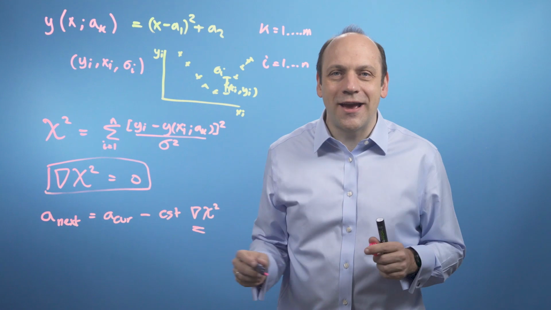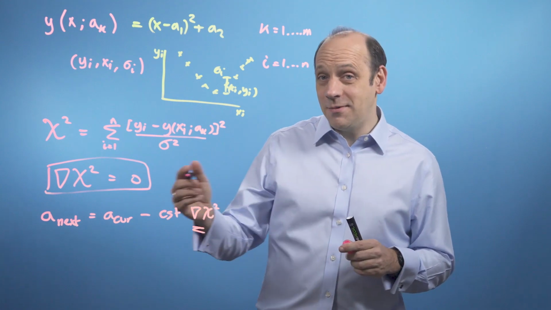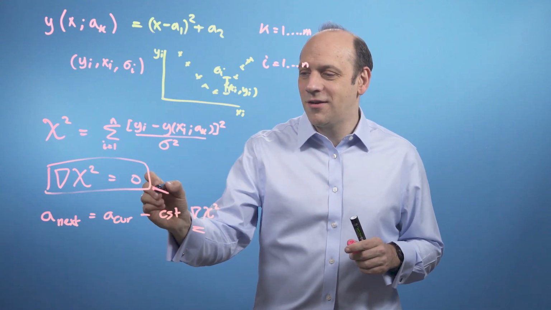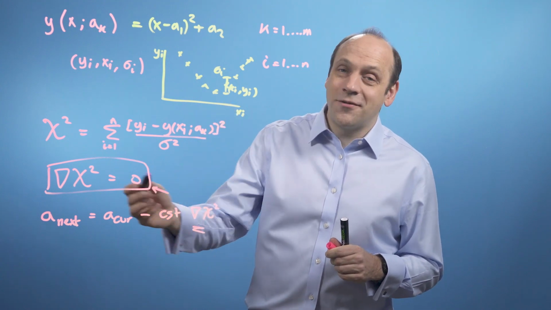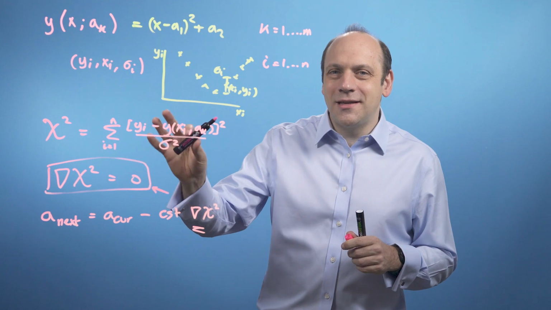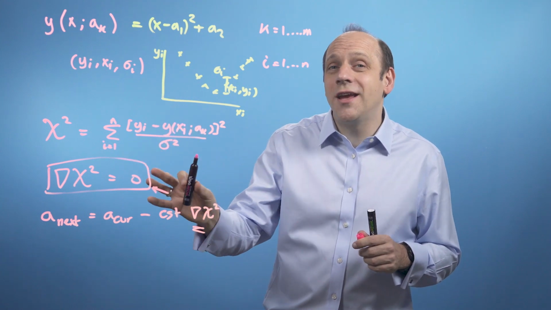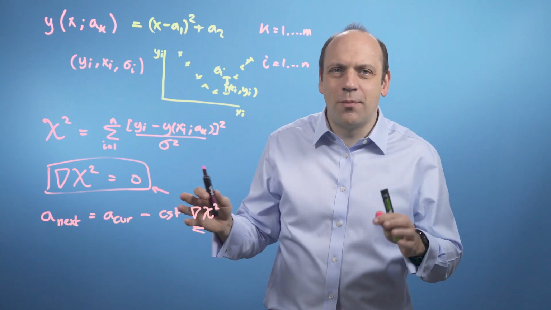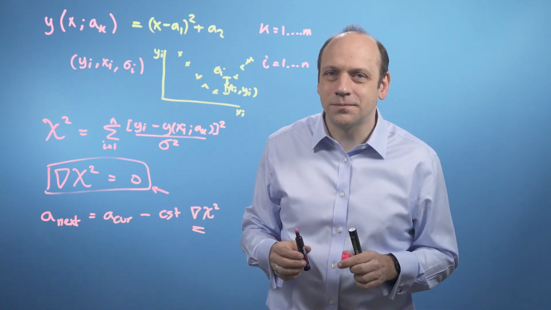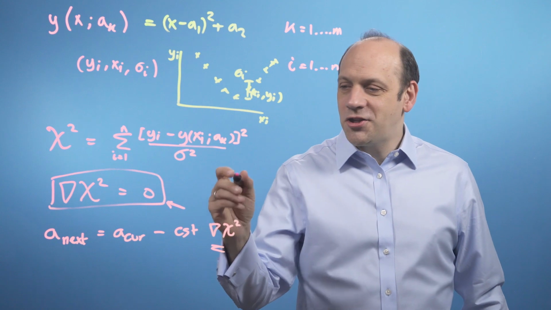And I'm going to write them down as a vector. And I'll keep doing that until I reach this criteria, that the grad of chi squared is 0, which means I've found the minima, or failing that until chi squared stops changing, which should be the same thing, right? Or I just give up because it's been so many iterations and I get bored and I decide that something's gone wrong. So to do this grad, I've got to differentiate chi squared.